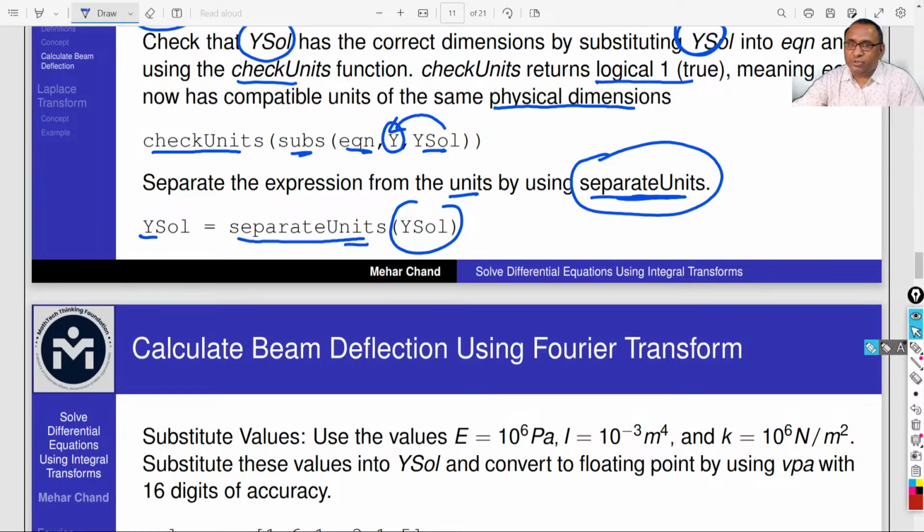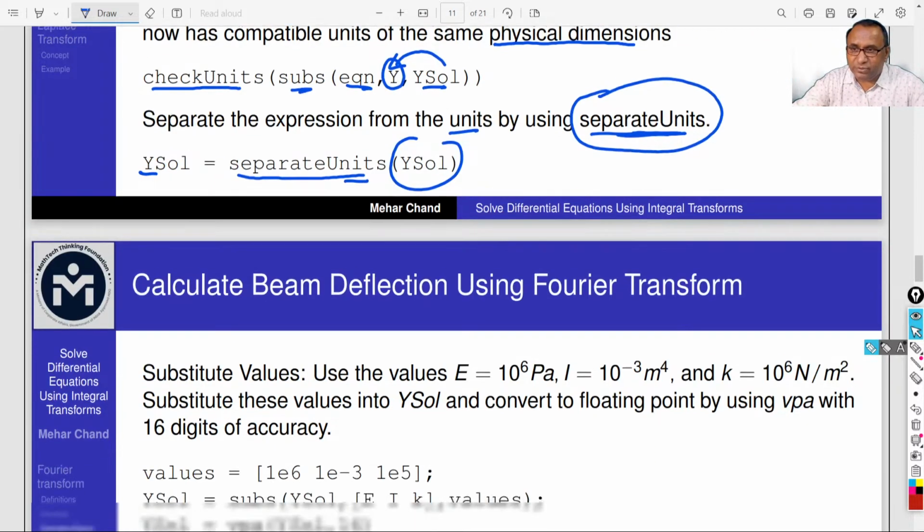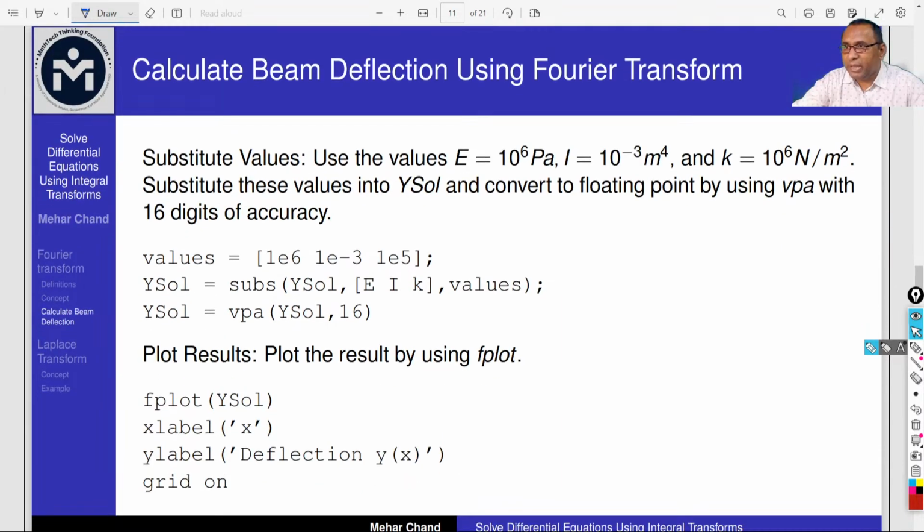After that, we need to substitute the values of each parameter, and these are the corresponding values. E is equal to 10 raised to power 6. Then we have I, K, okay, and we substitute these values into y solution and convert it to floating point by using VPA. If we do not use this VPA, then we are not able to find the solution. So we need to use it at its place.